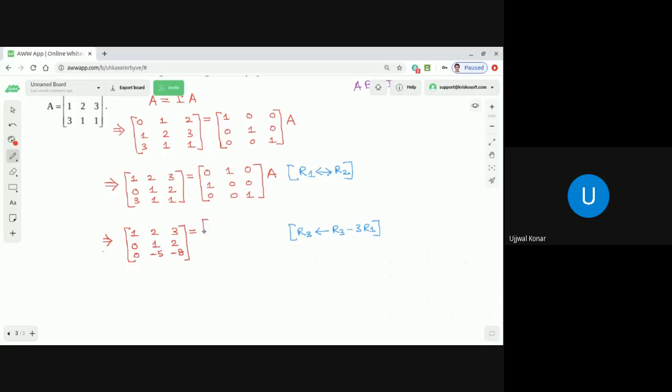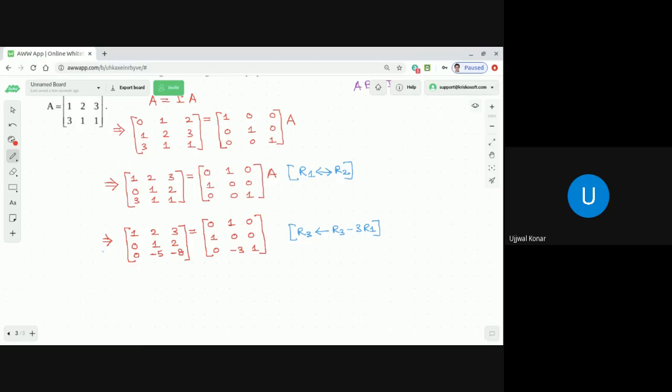We will perform the same operation on that identity matrix. It is no longer an identity matrix, it is already transformed by one step. So the first two rows will remain the same, 0, 1, 0, 1, 0, 0. Then we will get 0, minus 3, and 1, because the first element in the third row remains the same, since 0 minus 3 into 0 is 0.